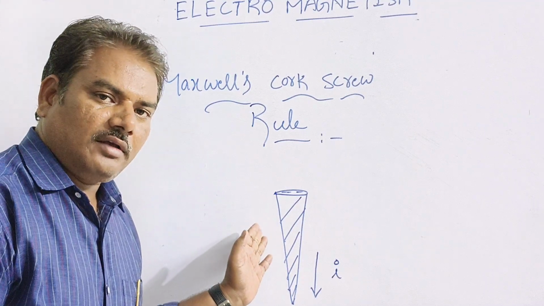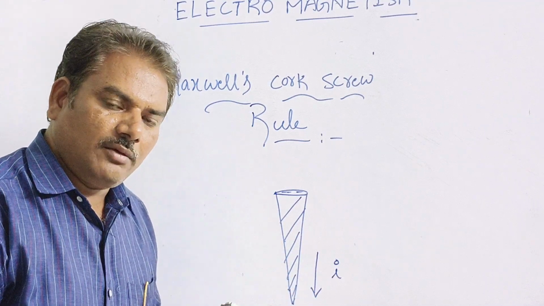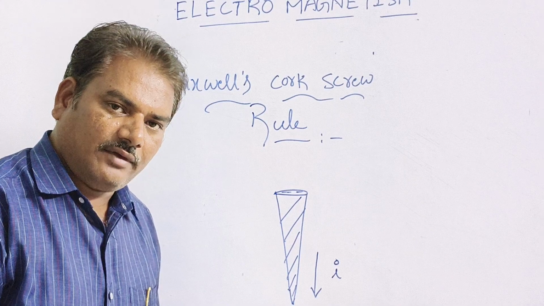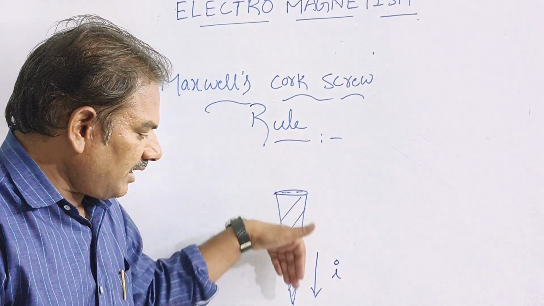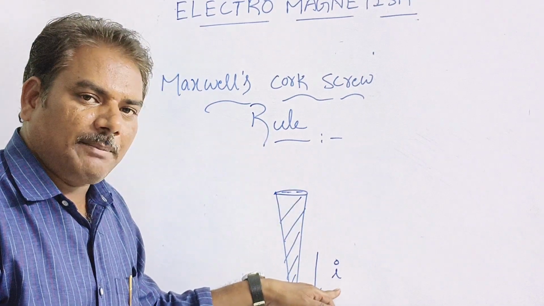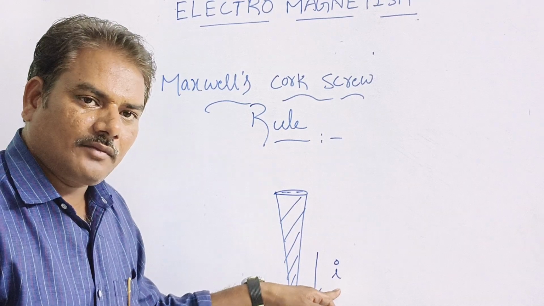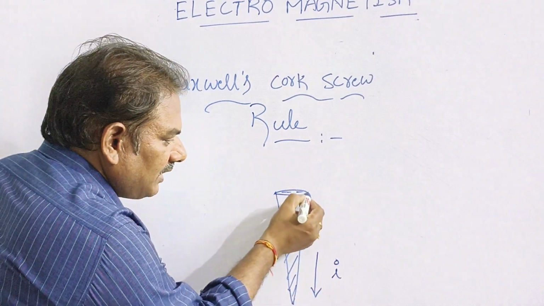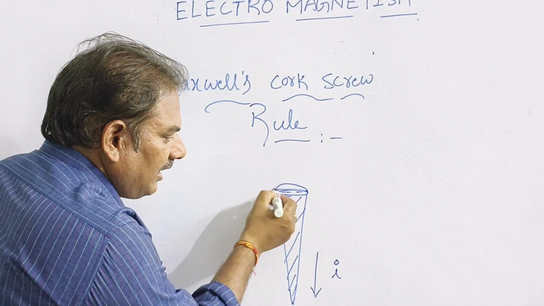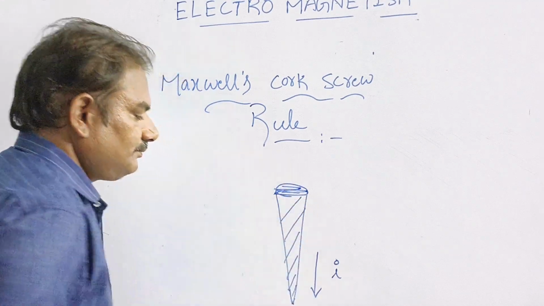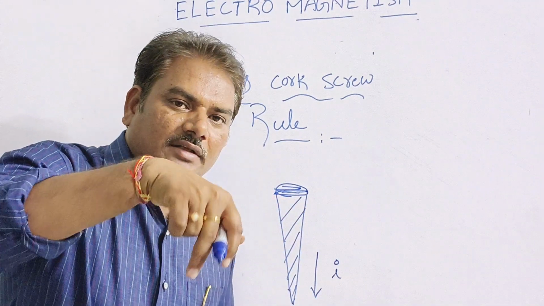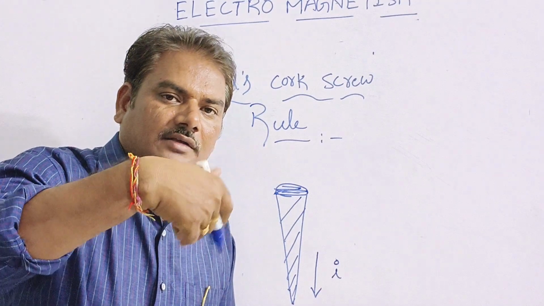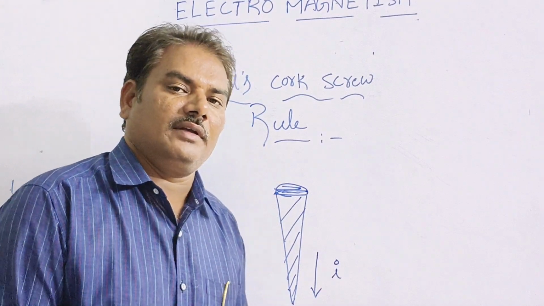The screws are driven into the wooden board by using a screwdriver. The moving direction of the screw represents the current. The head of the screw represents the direction of the magnetic field.